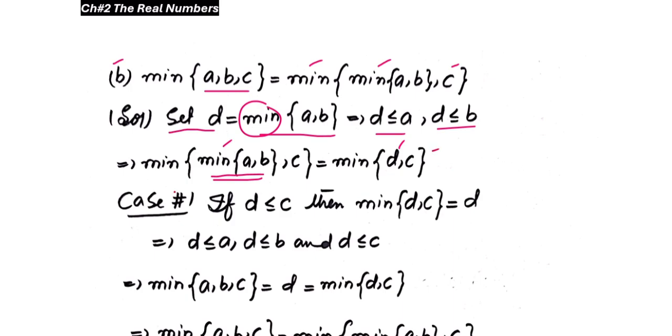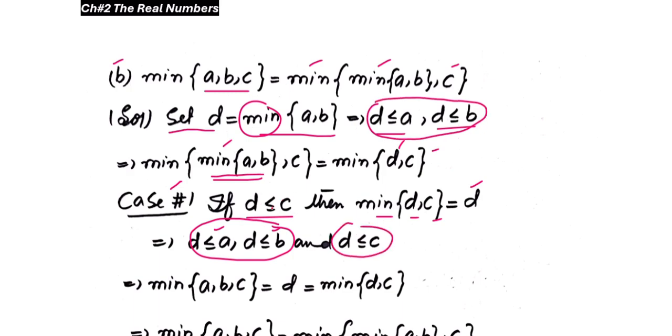Now we consider two cases. Case number 1: if D is less than or equal to C, then clearly the minimum value of D, C will be equal to D. This shows that D is less than or equal to A, D is less than or equal to B, which is given by these inequalities, and D is less than or equal to C, this is our assumption.